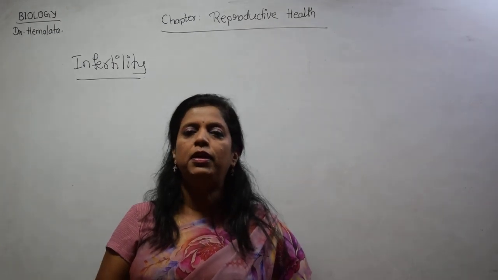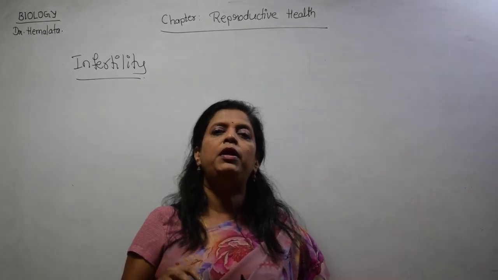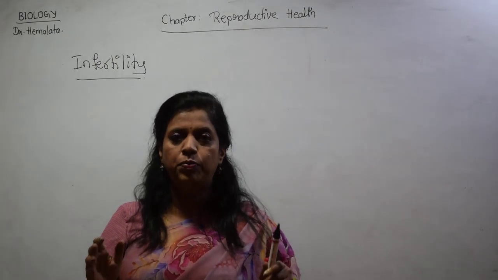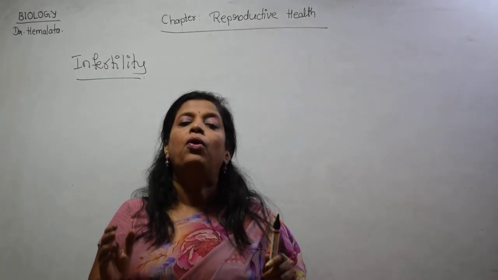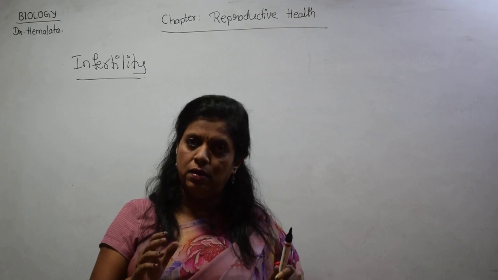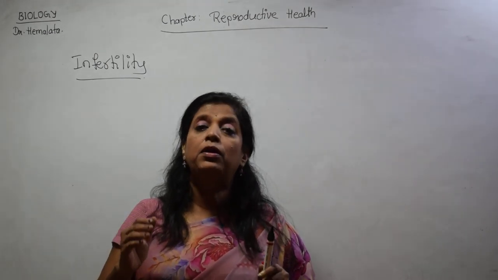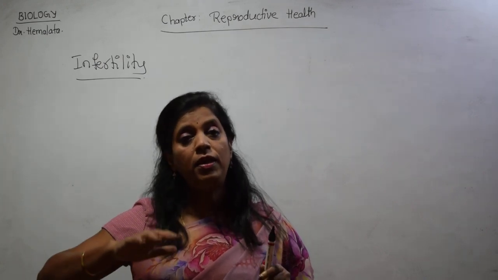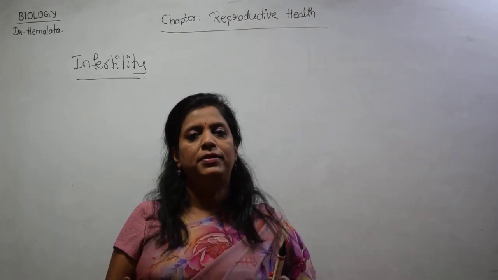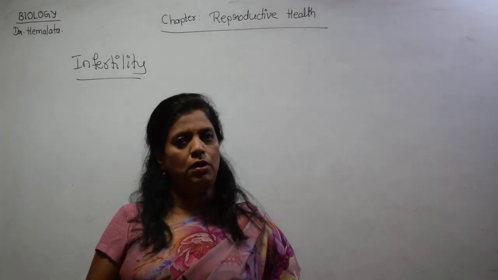So what is infertility? It is the inability of husband and wife to produce a child although they are together for 1 year having normal sexual intercourse without using any contraceptive methods. Then they are considered a sterile couple.